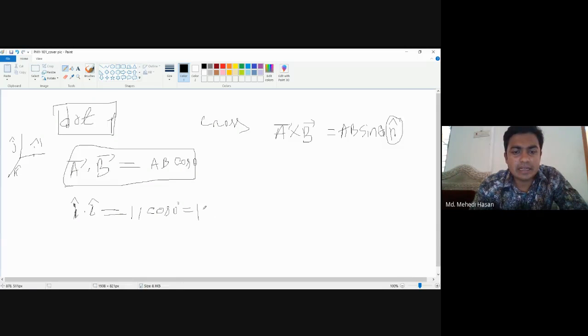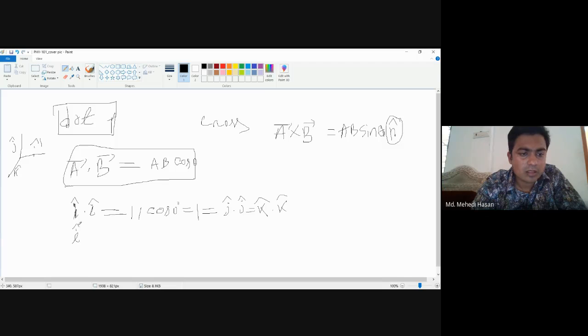So for similar unit vectors, i dot i, j dot j, and k dot k, the result is 1. Now in case of different unit vectors, say i dot j, the magnitude is 1, but you know that x, y, z are all perpendicular to each other, so i and j make a 90 degree angle.